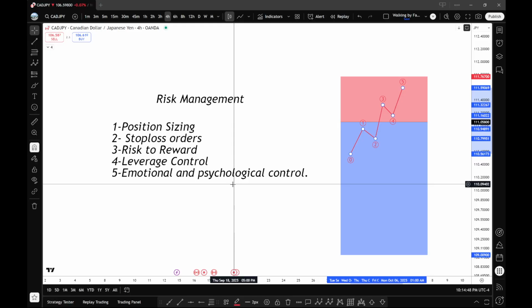So, family, risk management is about staying in the game long enough to let your strategy work. Like I say before in my videos that I learned from my mentor, let it cook. When you learn a strategy and you have confirmations and all that, and you take a trade, be confident with your trades and let it do what it needs to do.